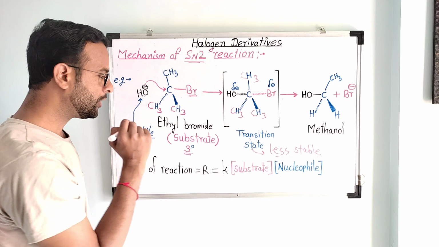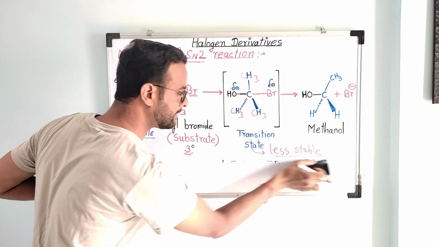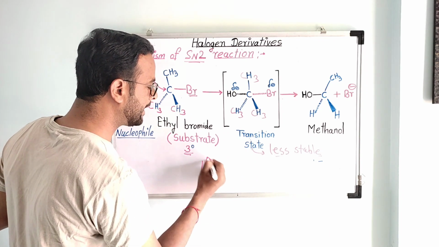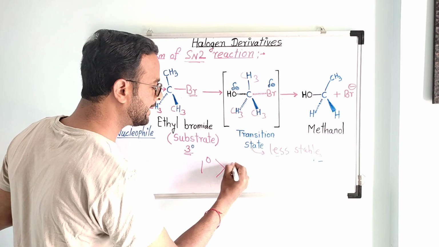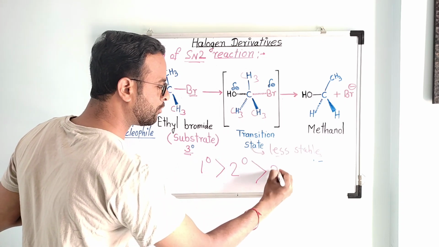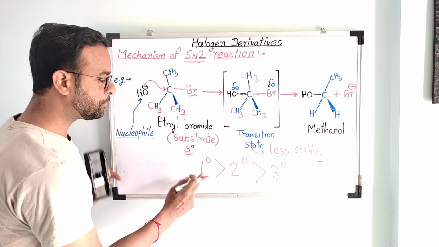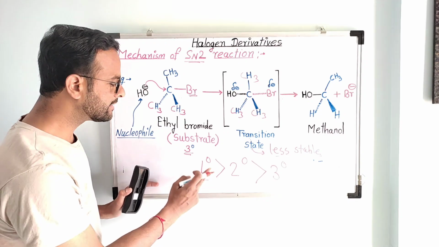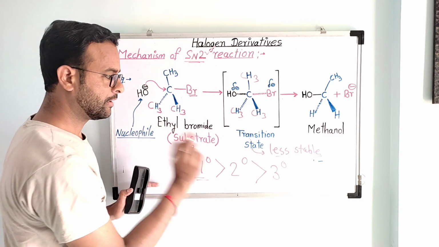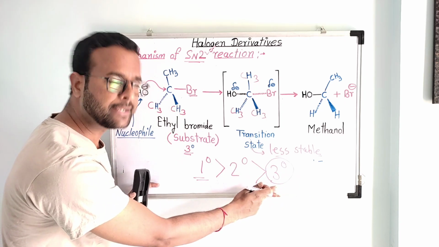As far as the order of reactivity is concerned, as we have seen in the last session, primary alkyl halide is more reactive than secondary alkyl halide, and secondary alkyl halide is more reactive than tertiary alkyl halide. So primary alkyl halide is more reactive toward SN2 reaction, while tertiary alkyl halide is less reactive.